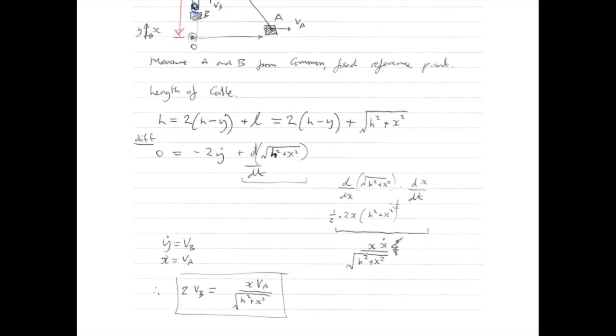And this part can be rewritten as H squared plus X squared to the half, and the derivative of that is going to be a half times the derivative of what's inside the bracket, so x squared gives 2x, and then the exponent minus 1, so minus a half. So combining all of that, you have half times 2x, so x, over the square root of H squared plus X squared, times dx dt, so x dot, which is what you have here.